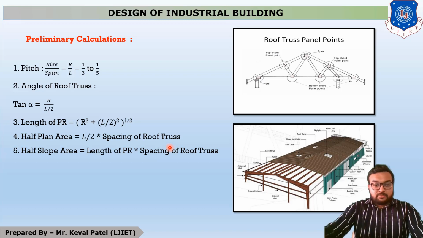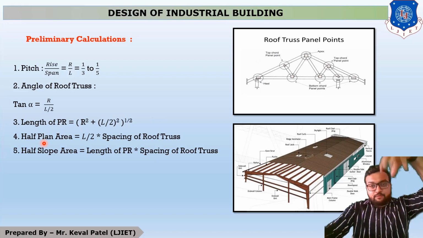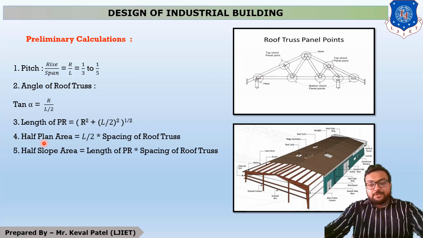So students, our fourth is half plan area. Half means we have to consider this half portion, not this portion. And second term is plan, which means we have to see it from the top view. Whenever we see it from the top view, we visualize only this length, which is L by 2.